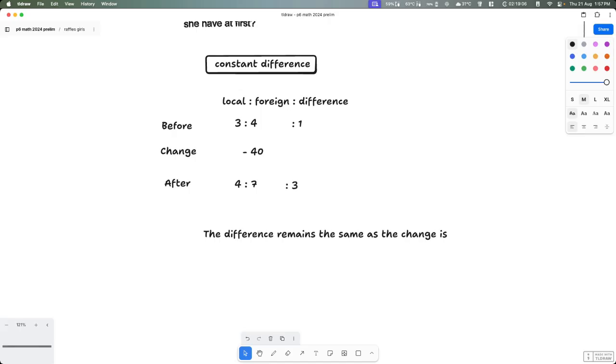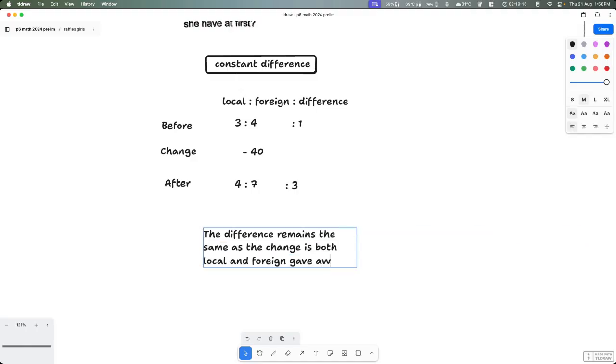Local and foreign were given away equally, therefore we make the difference the same.